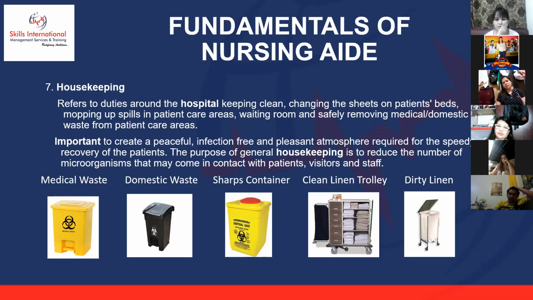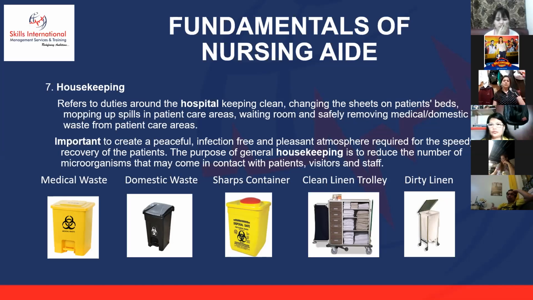So as you can see, we have all these segregated domestic waste and the trolleys being used for their indications. We have the medical waste and domestic waste in black, the sharps container in yellow. It is always fine. You will find it on the wall.